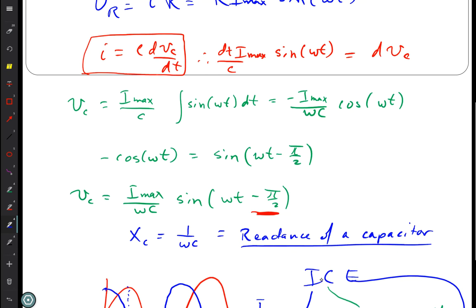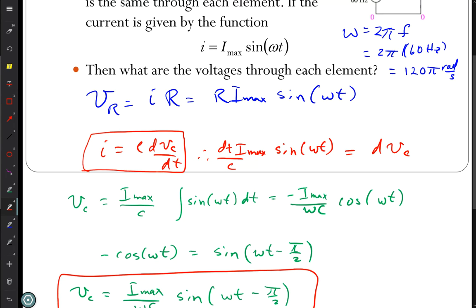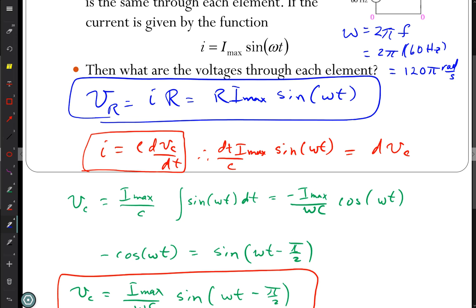So now we found the equation for the voltage across the capacitor, and we have the equation for the voltage across the resistor. Now we can find the voltage for the power supply. How do you find the voltage for the power supply?